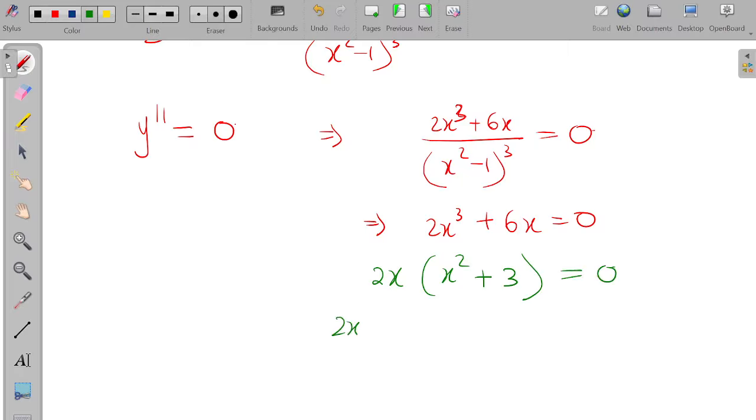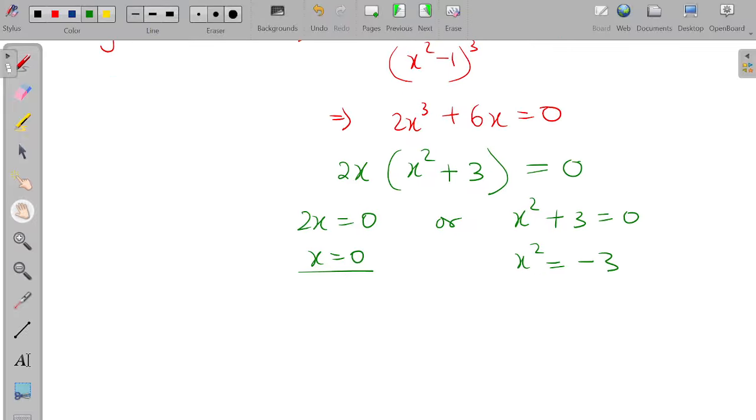So we have 2x equals 0, which implies x equals 0, or we have x squared plus 3 equals 0. This means x squared equals negative 3. See, we are having a negative on that side again.